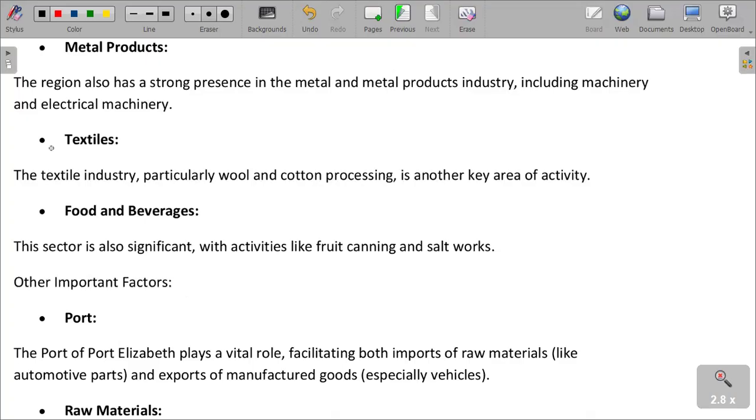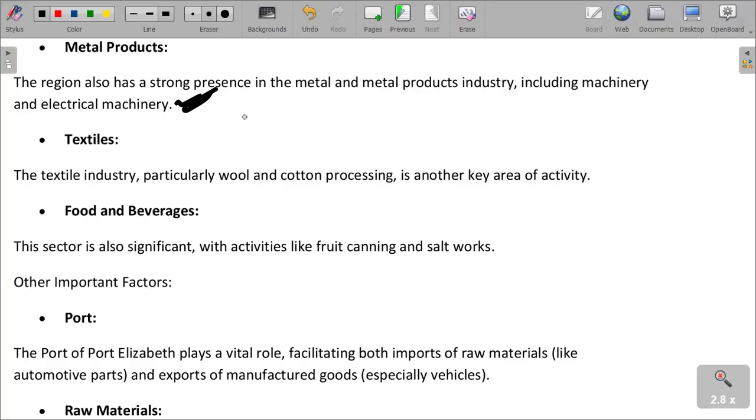So when it comes to metal products, the region has a strong presence in metal products including machinery and electrical machinery. So it also becomes strategic because it has got metals and non-metal machinery.